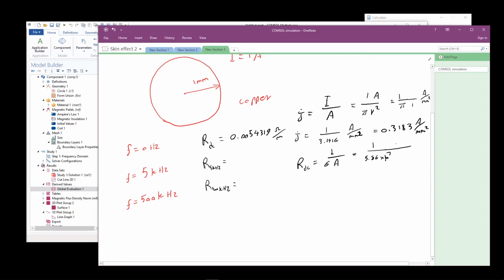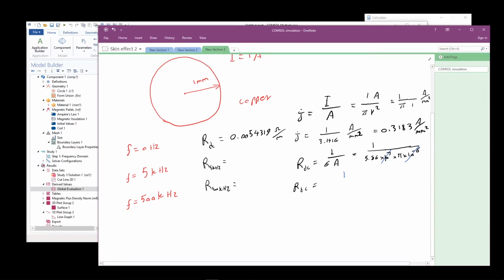And then A is multiply 1 times 10 power minus 6 because it's 1 millimeter. Millimeter power 2 is 10 power minus 6. So RDC will be, so this one with that disappears, this one with this disappears, so we have a 10 here. So 1, okay, sorry, here we have also a pi here.